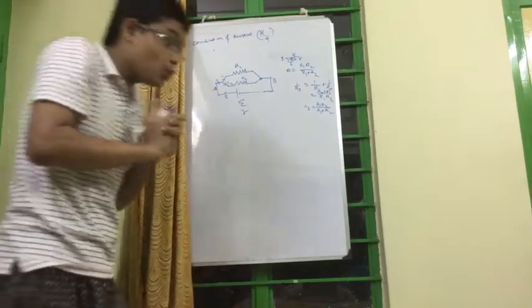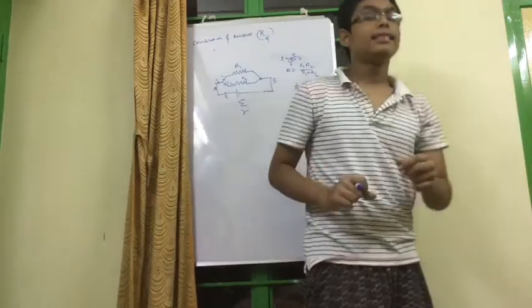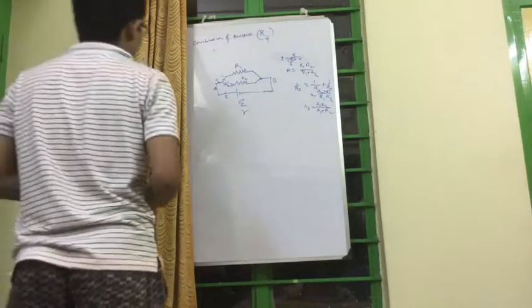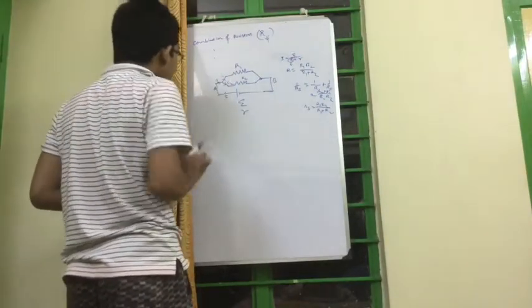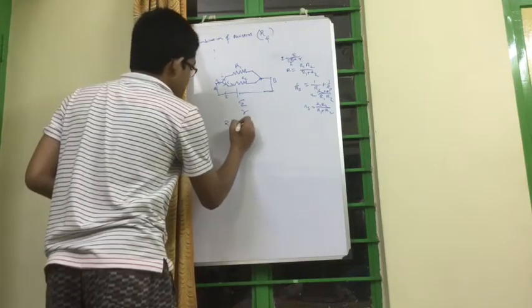If it is given to you that there are only two such resistors, then how can you find the ratio in which the current will get divided? It is a fact that the current will get divided in the ratio R2 is to R1.